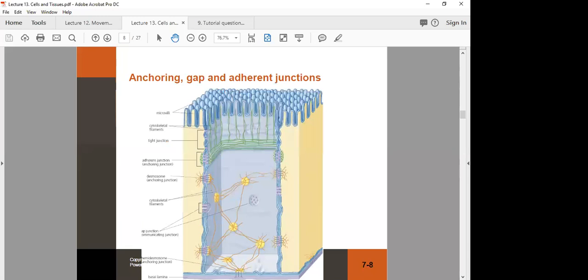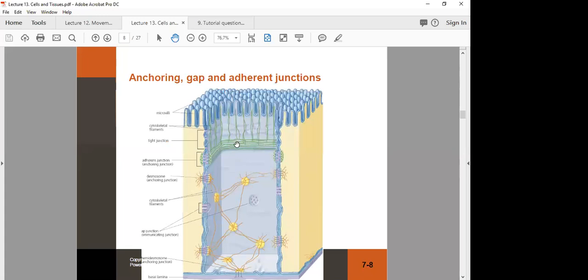So you can see that this one down the bottom is anchoring the cell to the underlying basal lamina. So one type of extracellular matrix can be seen down here. But if we look at the inside of the cell, we can see that the junctions are mostly associated with some filaments.